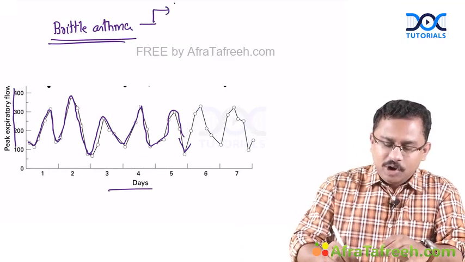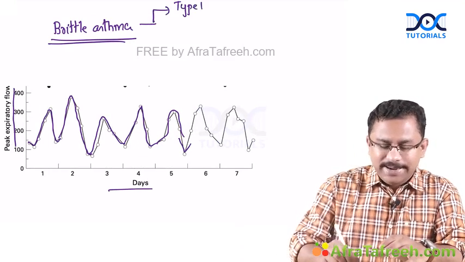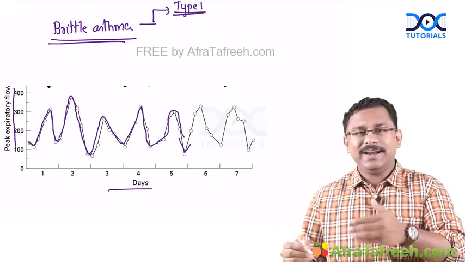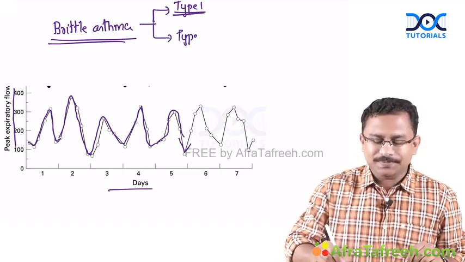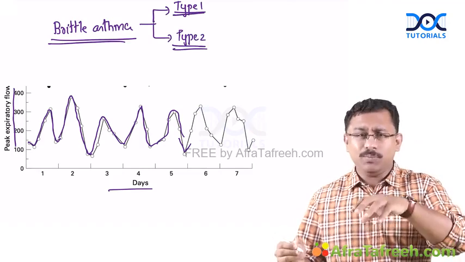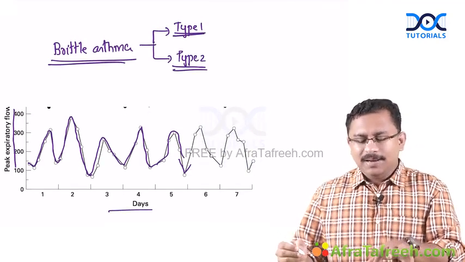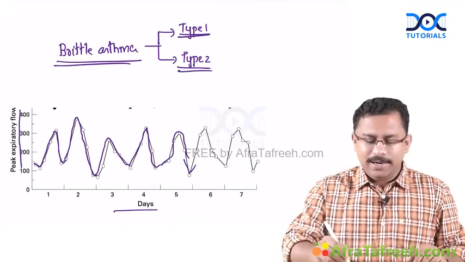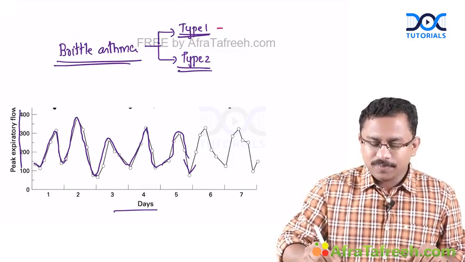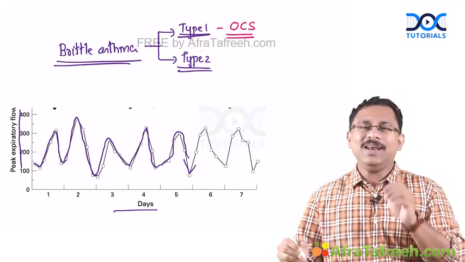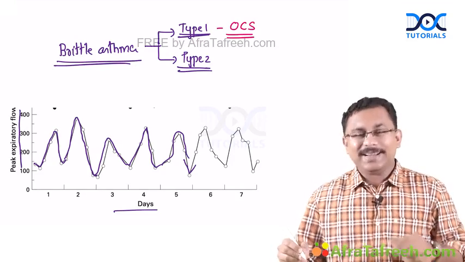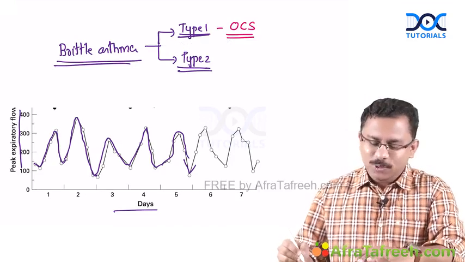The commoner one is type 1, which I have exemplified in this diagram, and then you have a type 2 as well. Type 1 is the one you just saw, and for treatment of type 1 you go for oral corticosteroids. Type 2 is quite different.